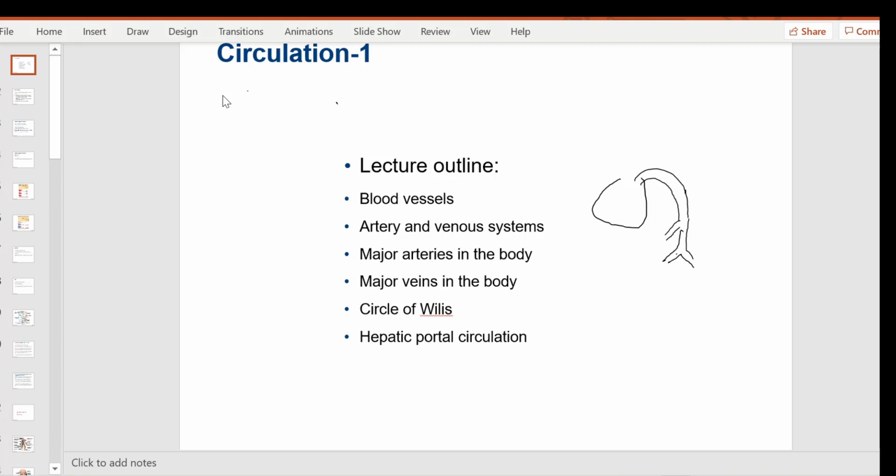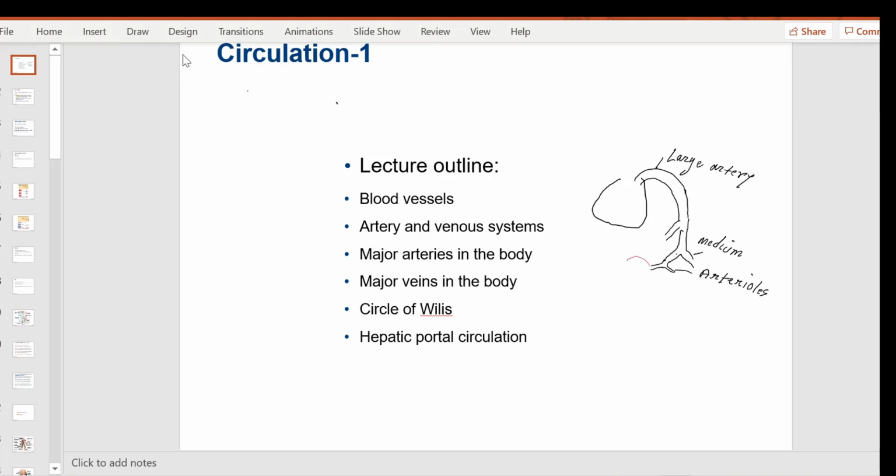Okay, so this is a large artery, then these are medium-sized arteries, and then the small arteries, and the small arteries are called arterioles. Okay, so arterioles are the smallest arteries, and where the arterioles end, the capillaries start from there.